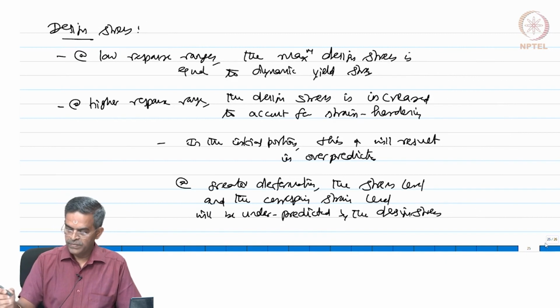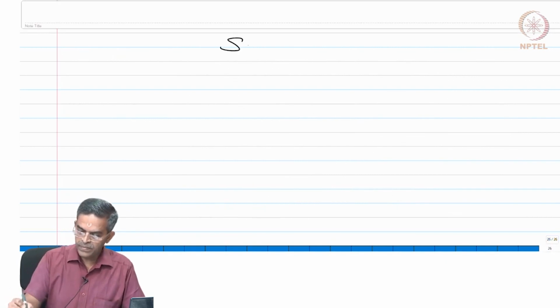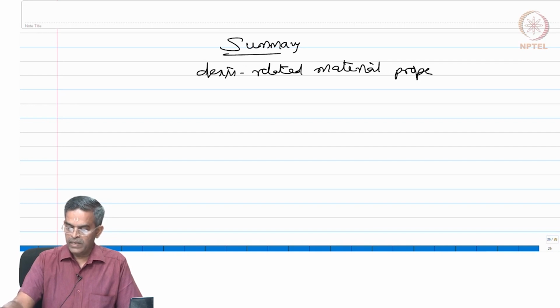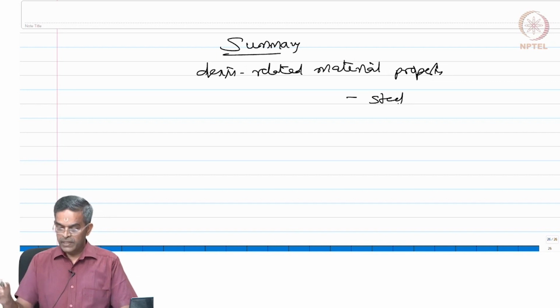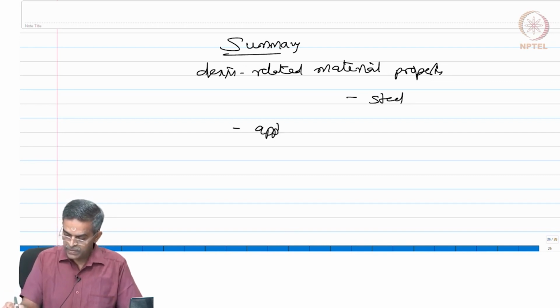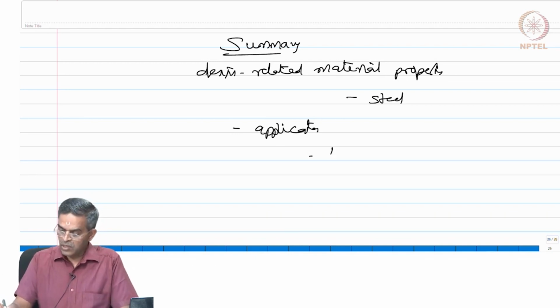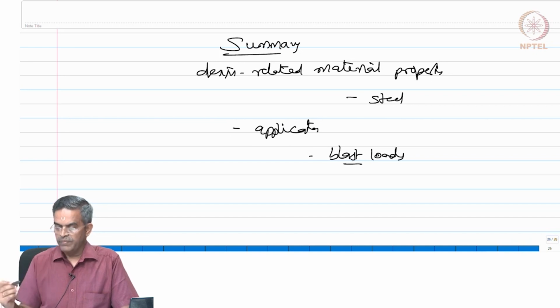So friends, in this lecture we learned the design related material properties, we have taken steel as an example material. We discussed about its application for form distance design. We also touched upon the loads like blast loads. Okay.